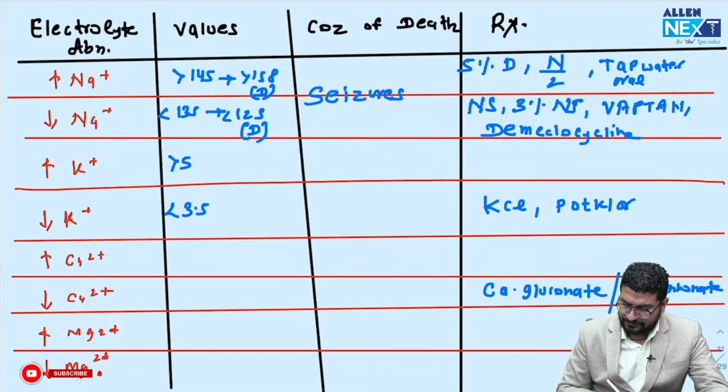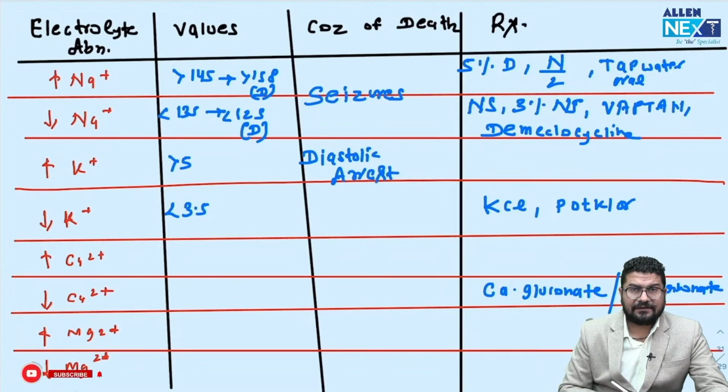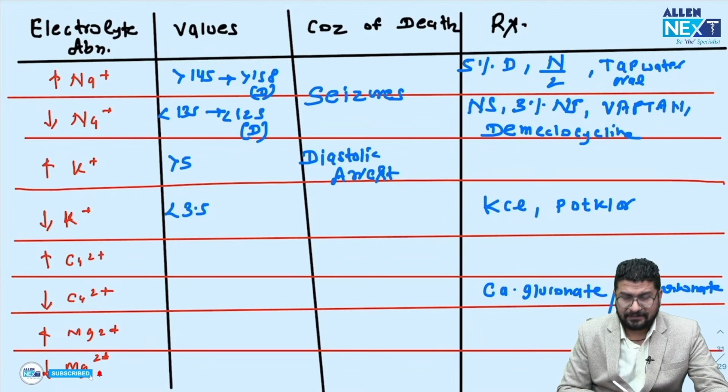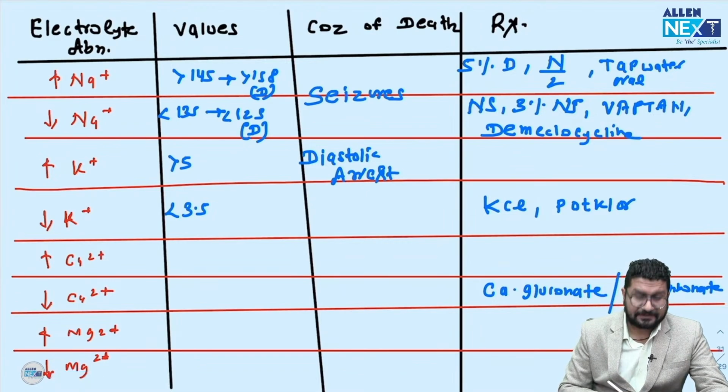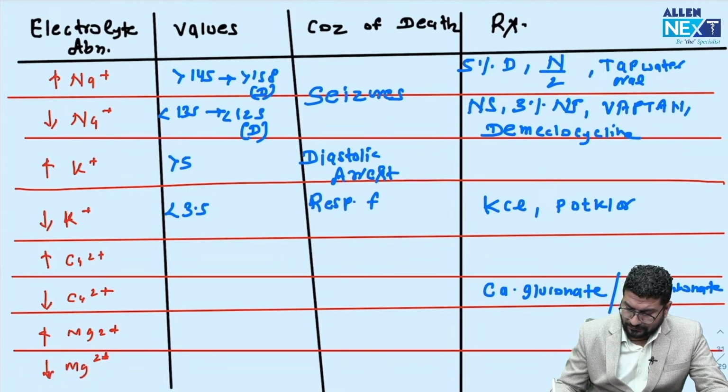Whenever a patient has hyperkalemia, the cause of death will be cardiac arrest, and this will be a diastolic arrest. And in case of hypokalemia, the patient will develop diaphragmatic palsy, that is respiratory failure. So the cause of death will be respiratory failure.